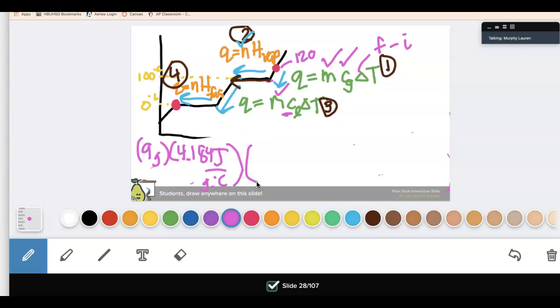Now, delta T for this is where the arrow ends, which is 0, minus where the arrow started, which was 100. So my degrees Celsius cancel, my grams cancel, and I'm left with joules. So 9 times 4.184 times negative 100.